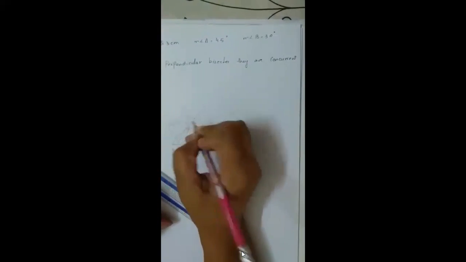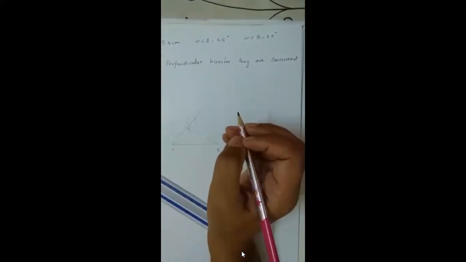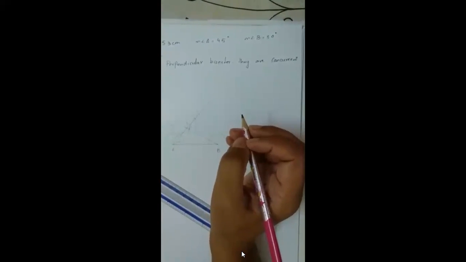This is point C. Now we draw the perpendicular bisectors of the three sides.